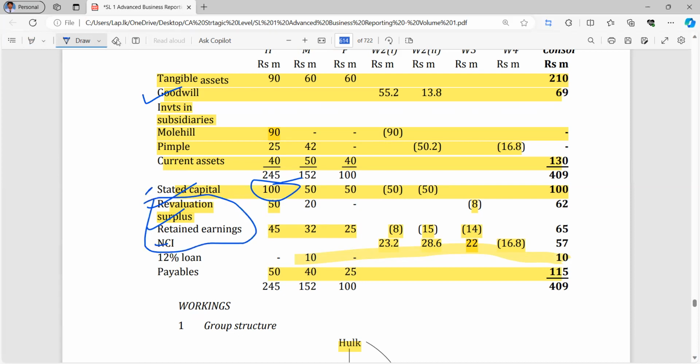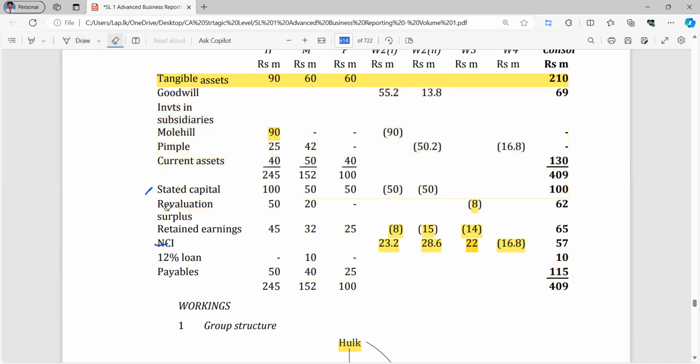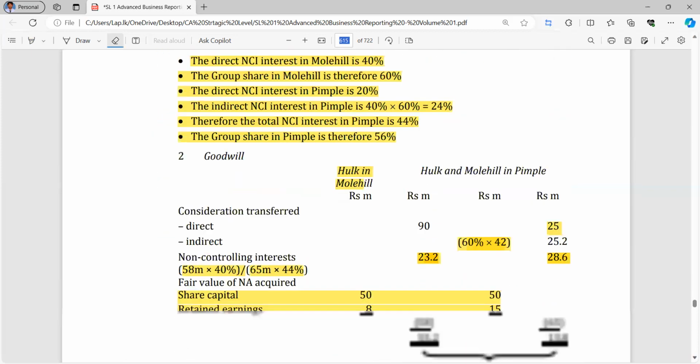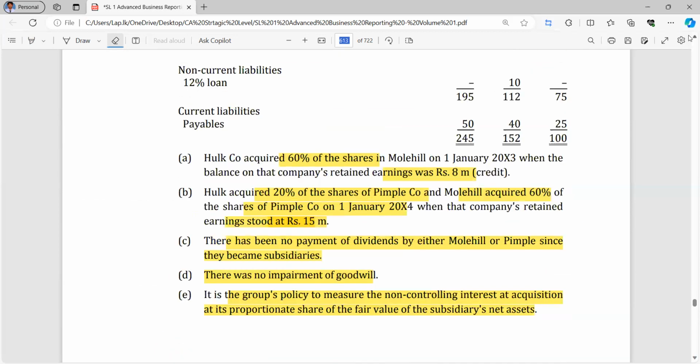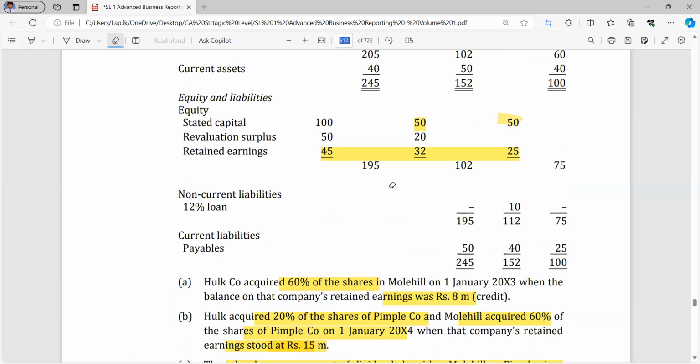If I'm showing you the balances, how the balances came, the revaluation surplus again 50 plus 20, but you want to transfer it into the NCI account, and again you want to distribute 14. How did this 14 come? I'm asking you all. I think this presentation is visible to you. Here you can see the 32 minus 8 into 40%.